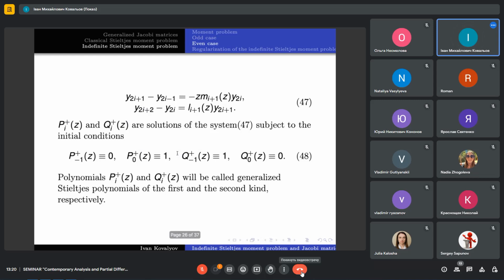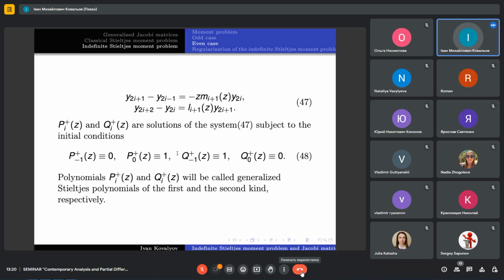So the next step, we introduce the generalized Stieltjes polynomials P plus and Q plus. So we consider system 47.